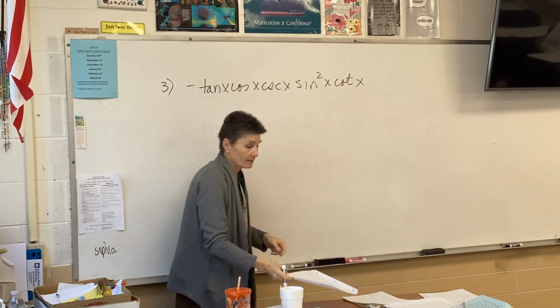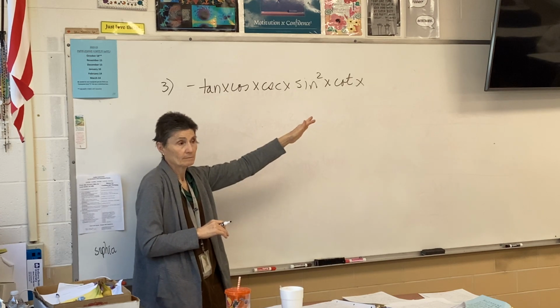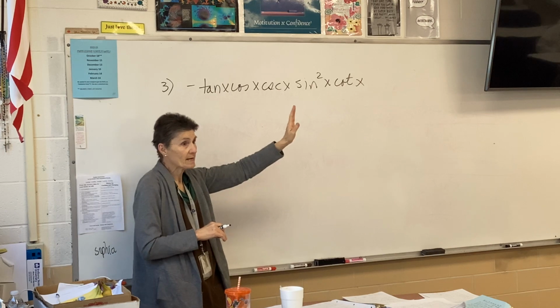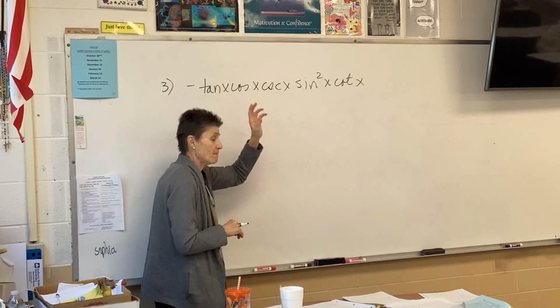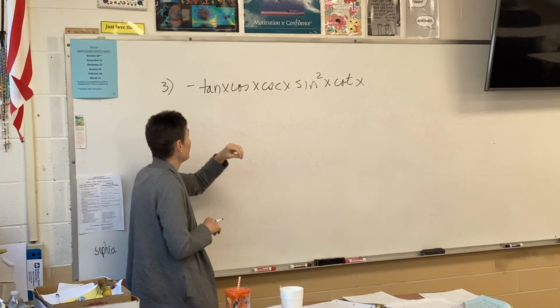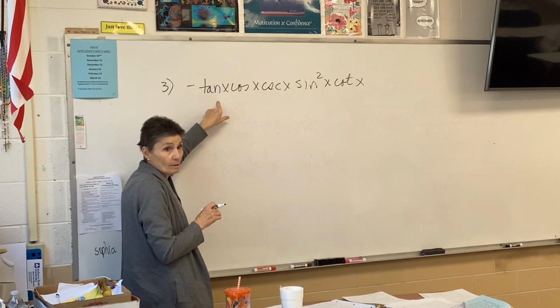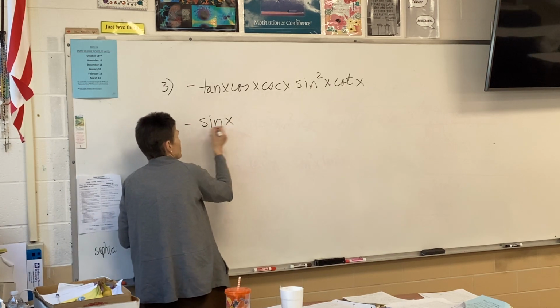Alright, first thing, just as I'm writing it down, these are all multiplied, right? So when things are all multiplied, I can start canceling. And in order to make that happen, maybe I should do what we did in an earlier problem. Maybe I should change my tangent into sine over cosine. Just keep the negative, it's just part of the problem.